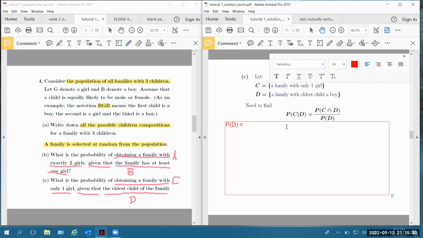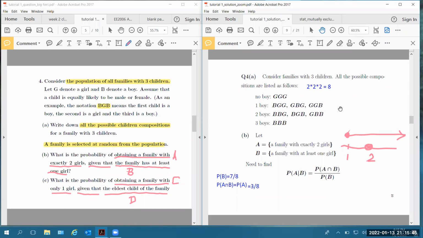Let's go and get probability of D. So what is probability of D then? D is actually a family with eldest child a boy, right? Family with eldest child a boy. So should we go back to just now the compositions? A family with eldest child a boy.